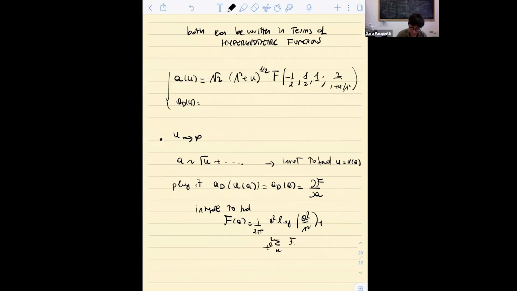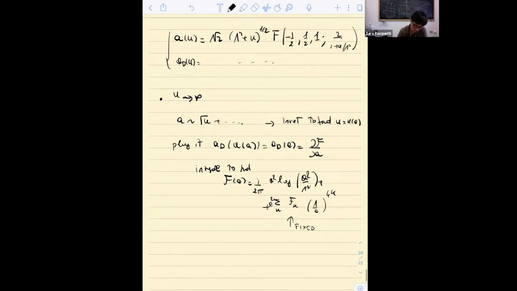And now all these coefficients that were hanging there, waiting to be fixed, are fixed. They are fixed by the expansion of this hypergeometric function. So now you really fix completely the solution in the U to infinity region.